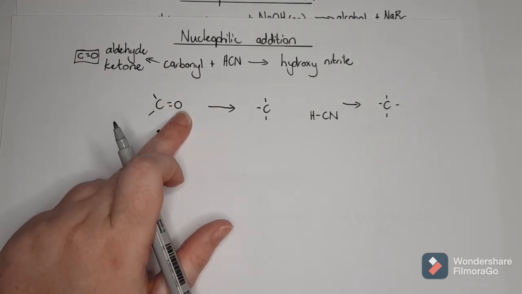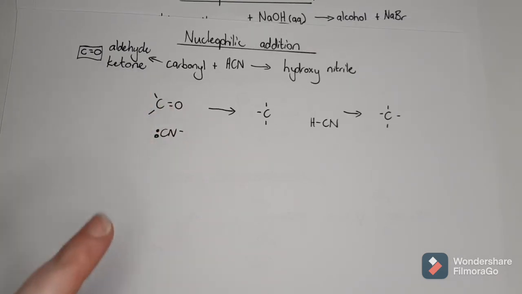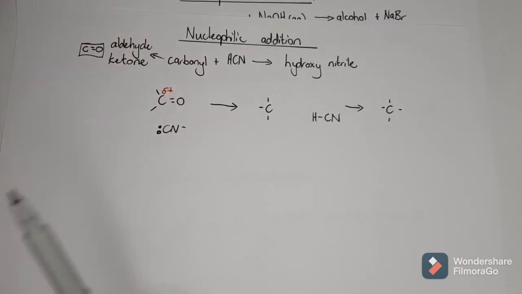The carbon and oxygen is super electronegative. So this polar bond means that the carbon is going to get a positive charge and the oxygen is going to get a negative charge.